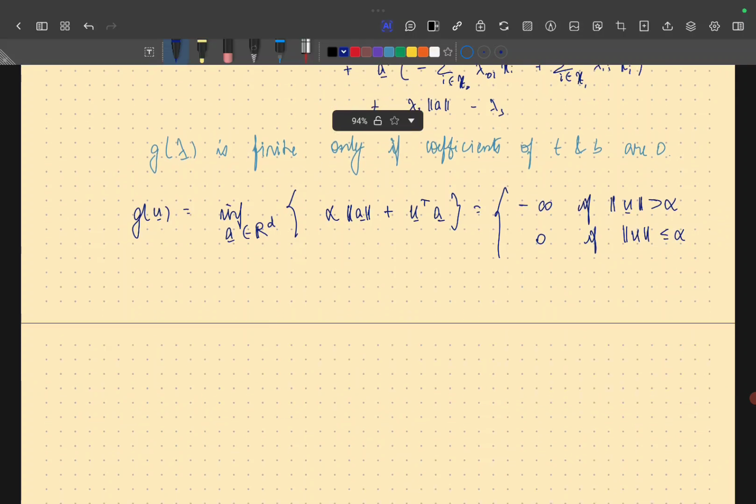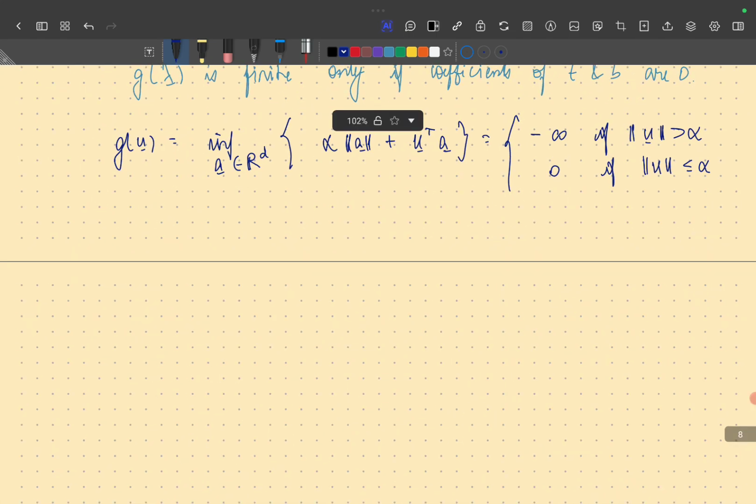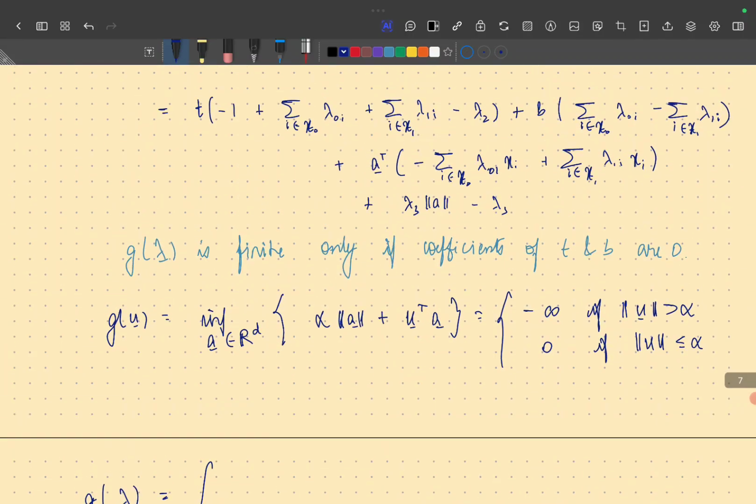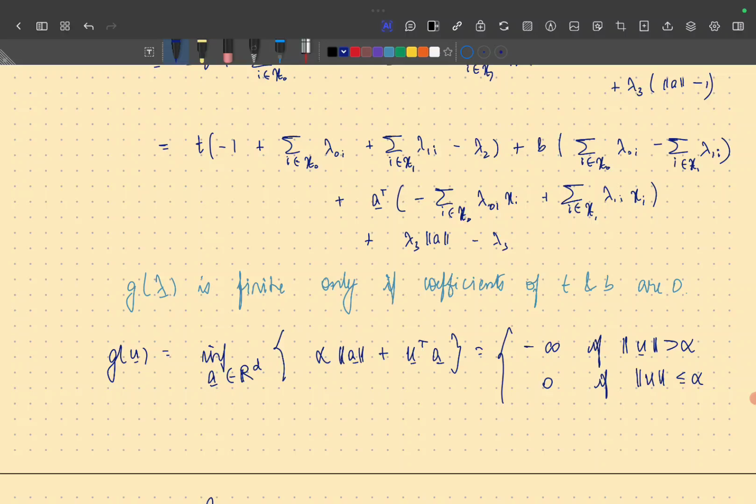So all in all, the Lagrange dual function is, essentially, minus alpha, because you're minimizing with respect to it.